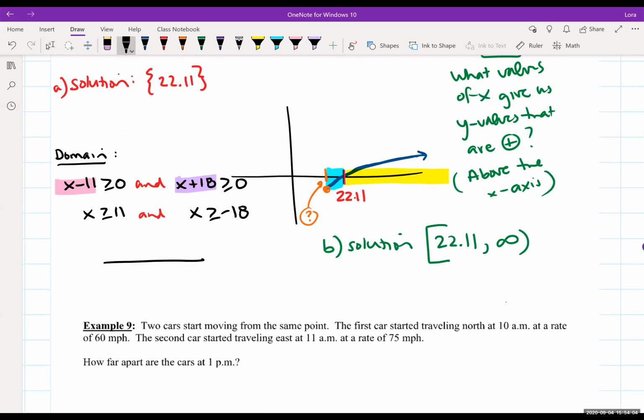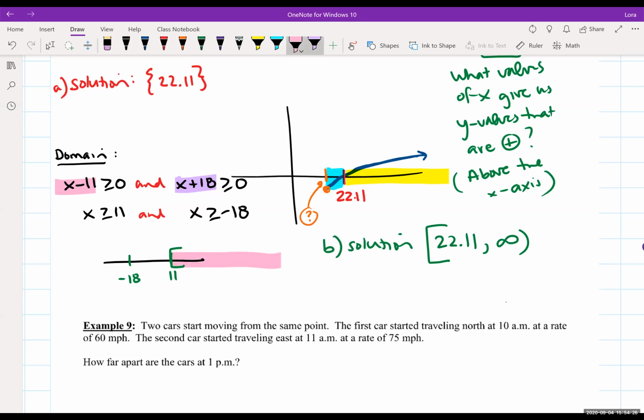If you were to plot these on the same axis, x greater than or equal to 11 versus negative 18, we have negative 18 here, 11 here. If you want to be greater than or equal to 11, you'd be going this way, and the shading would go this way.